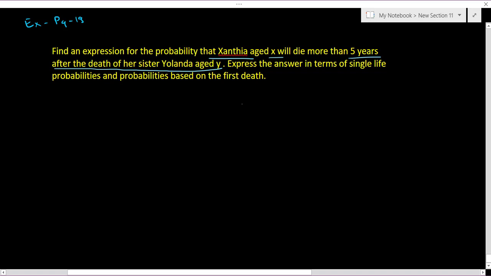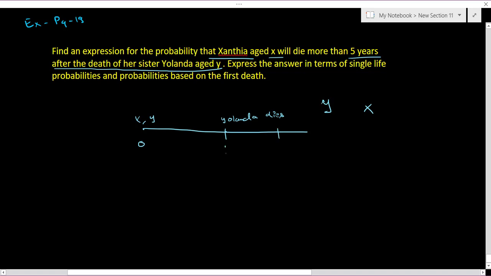So we have got two sisters, one called Yolanda and the other called Xanthia, aged x and y respectively. What I want is for Xanthia to die 5 years after Yolanda. At inception they are aged x and y, and whenever Yolanda dies, Xanthia has to live for 5 years more than her.